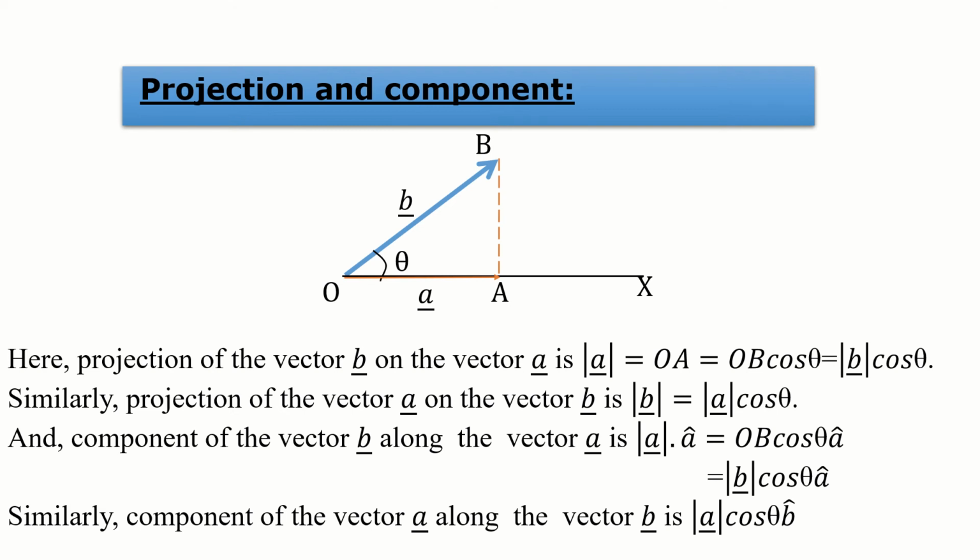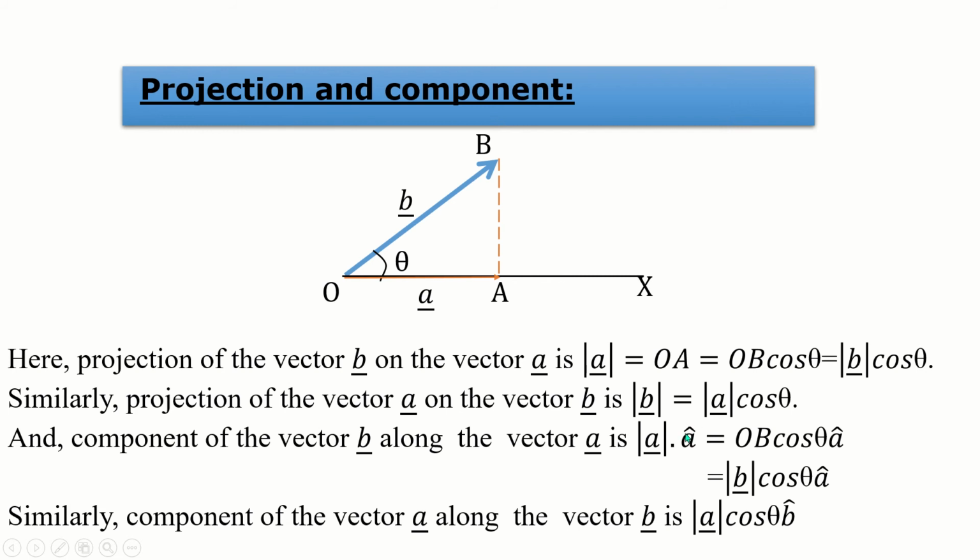Direction is a must. Here projection was the absolute value of a vector, but component will be the absolute value of a into its direction. That means the direction of OA is equal to its unit vector. Along OA, the direction will be a hat, denoted by a hat. Clear? A hat is a unit vector.